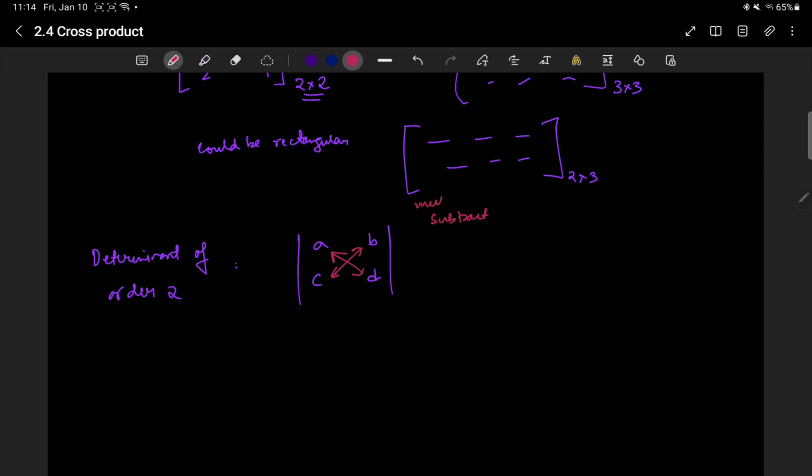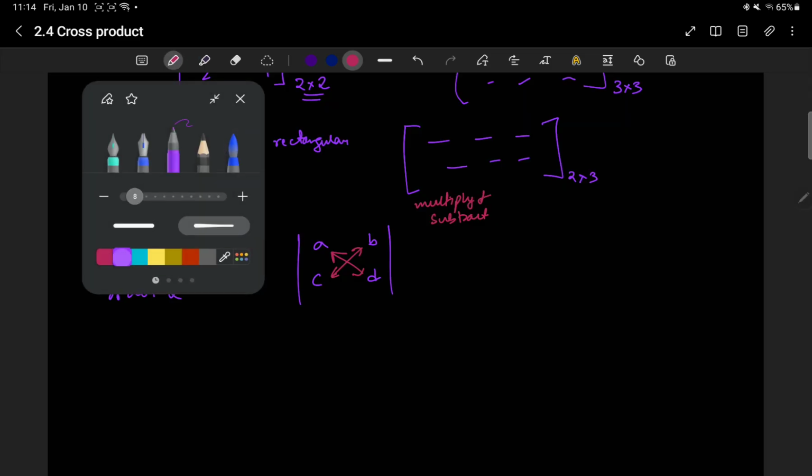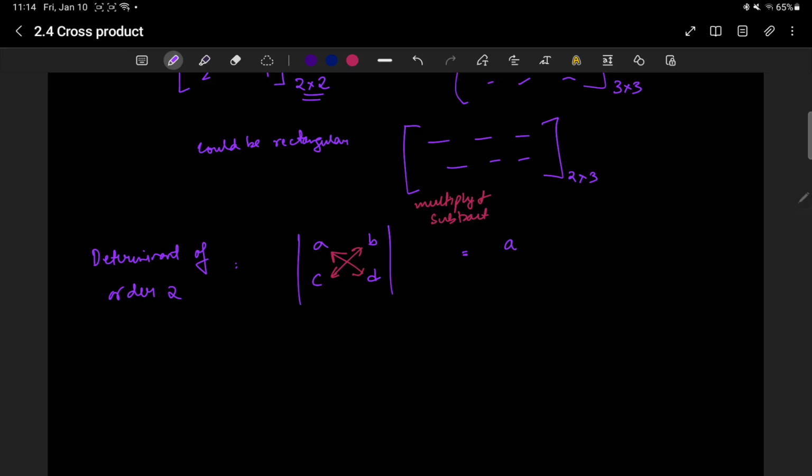So the determinant here is given by AD minus BC.